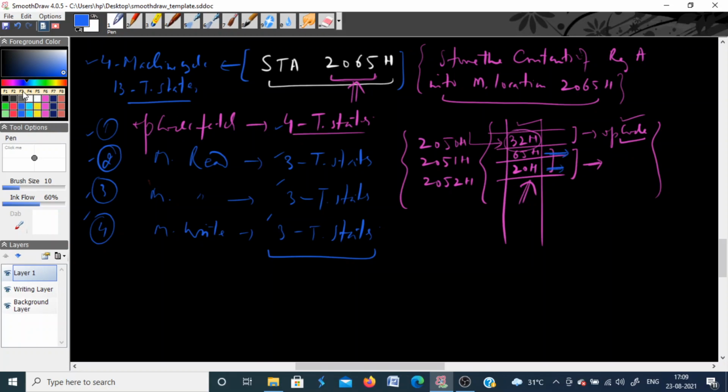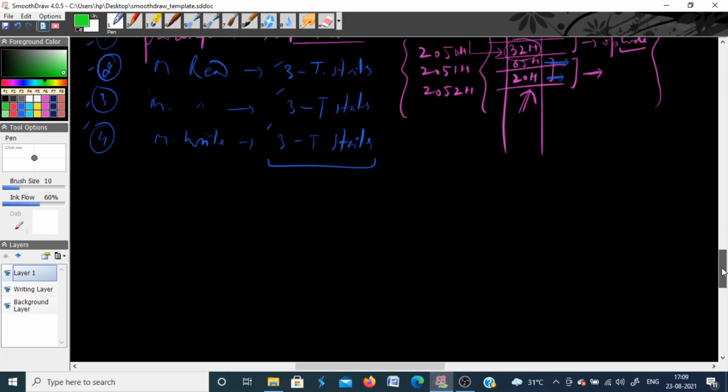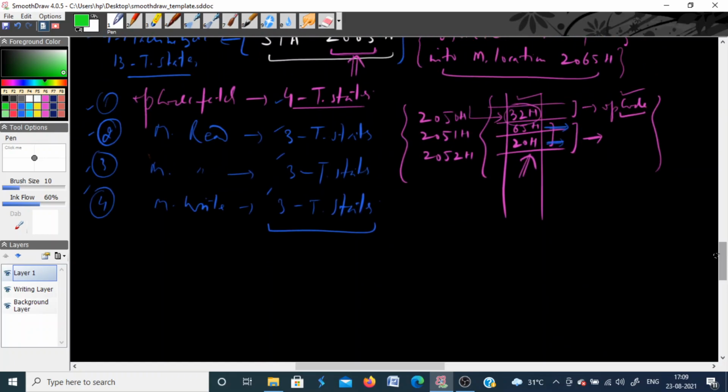I will go through briefly how the processor will do all this in sequence. In the first opcode fetch, it will place 20H, the higher order address, on A15 to A8.